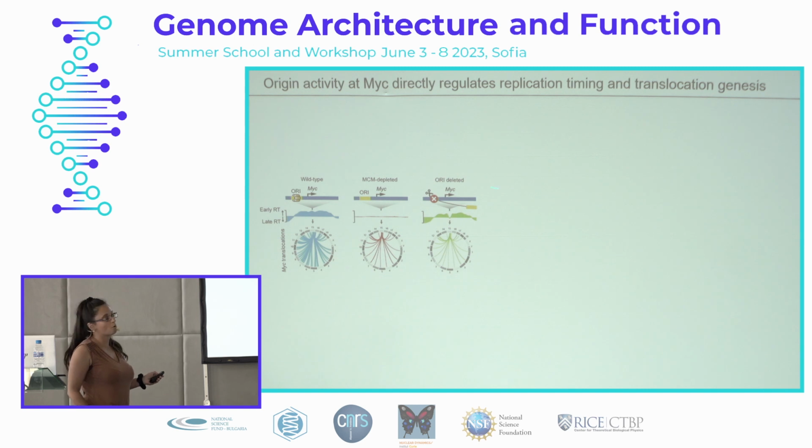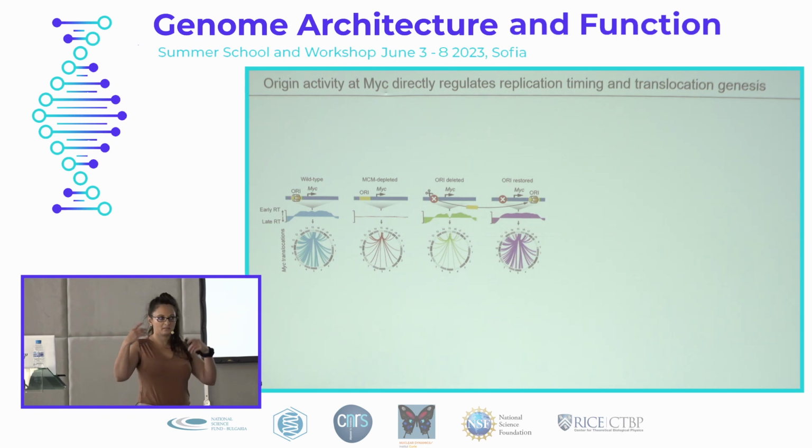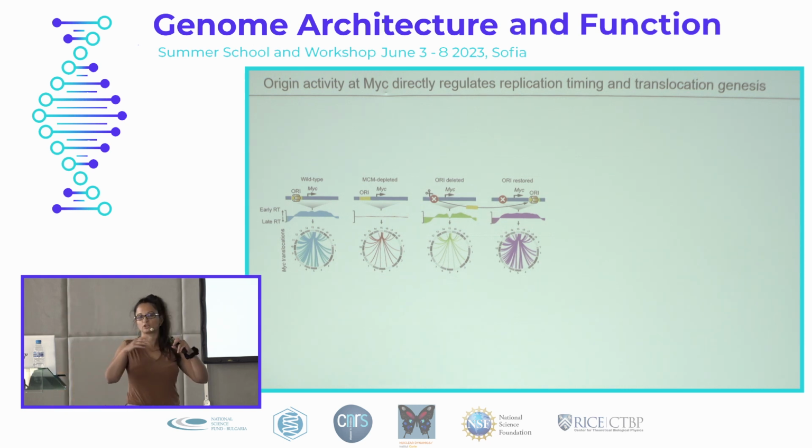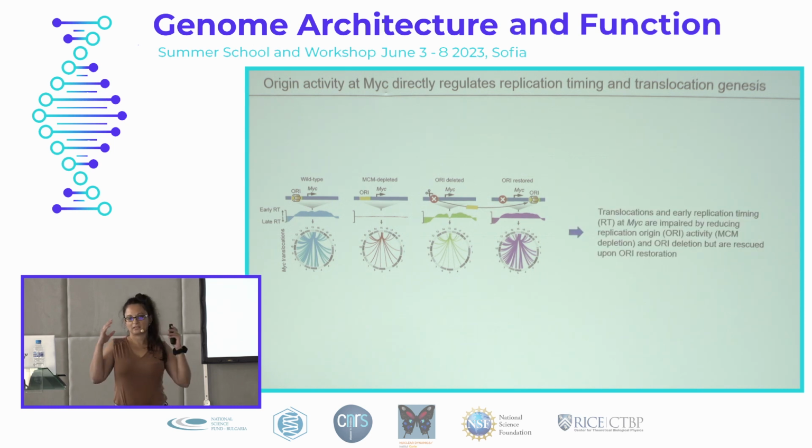So we generate a domain where MYC is late replicating, and in this situation, we have the translocation defect we saw. When we reintroduce the origin, the timing is restored and MYC becomes again early replicating. So indeed, when we delete this origin of replication, we change the time when MYC is replicated, and this leads to a defect in the translocation frequency. So replication timing somehow plays a role in the genesis of the translocations.